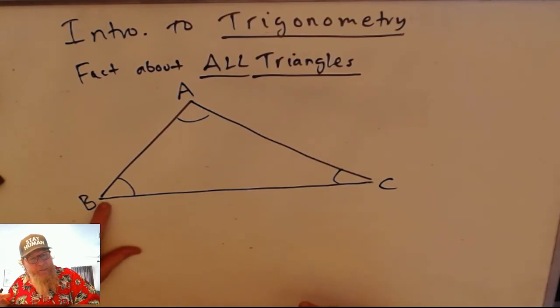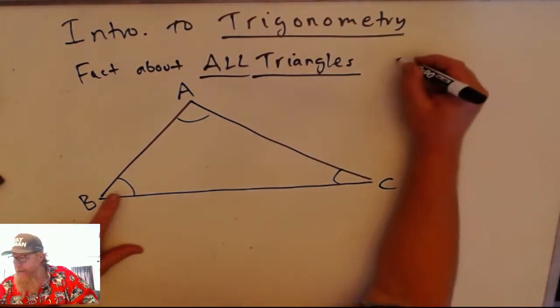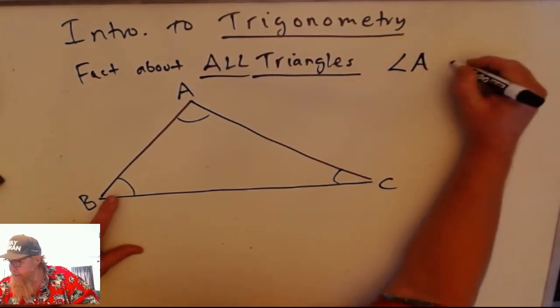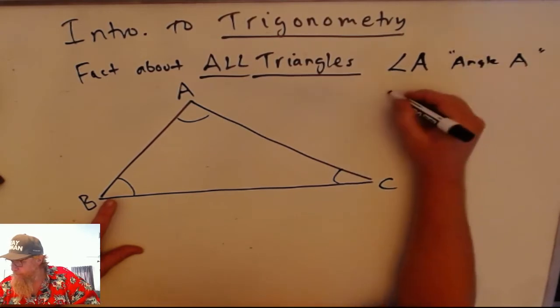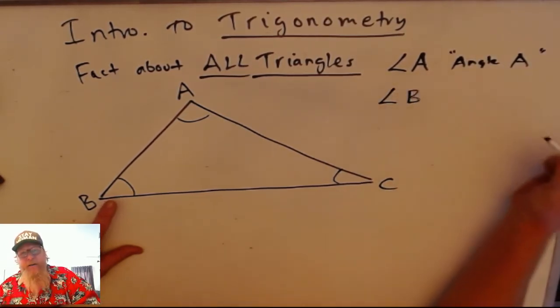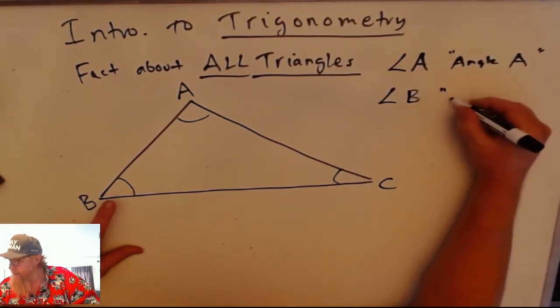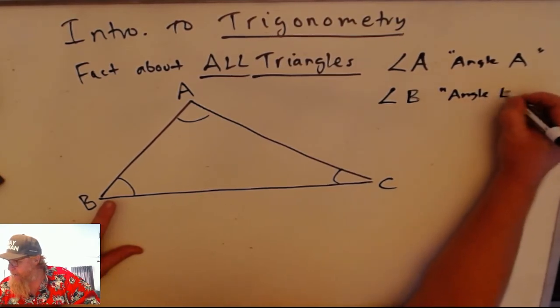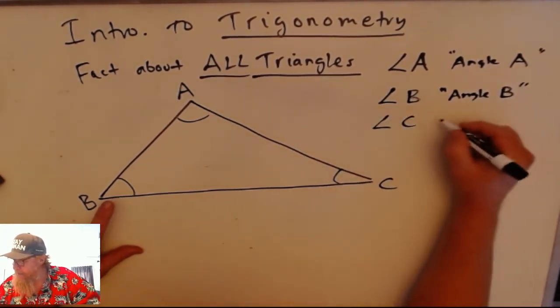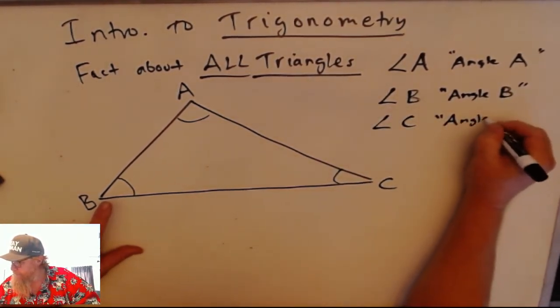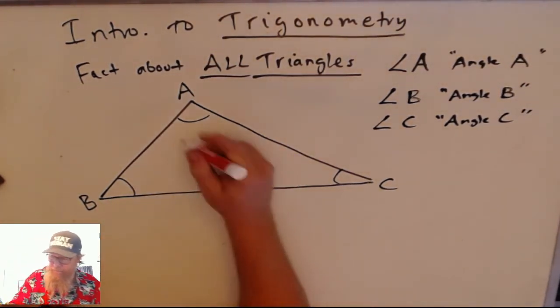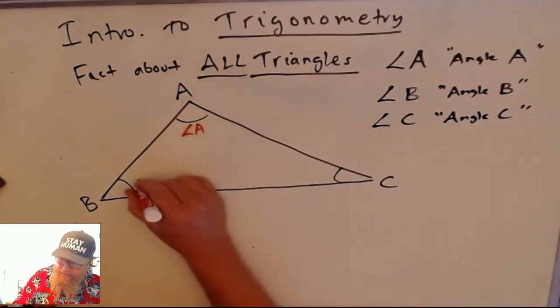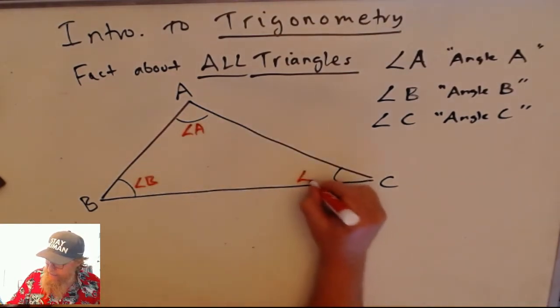So this is vertex B. This is also called angle B. Sometimes we put a little angle sign here to say angle. It looks kind of like an alligator less than sign. So angle A, angle B, angle C. All right. So those are inside here. Angle A, angle B, angle C.